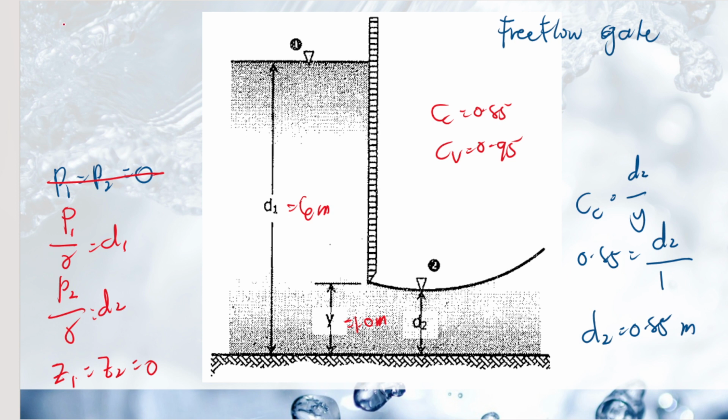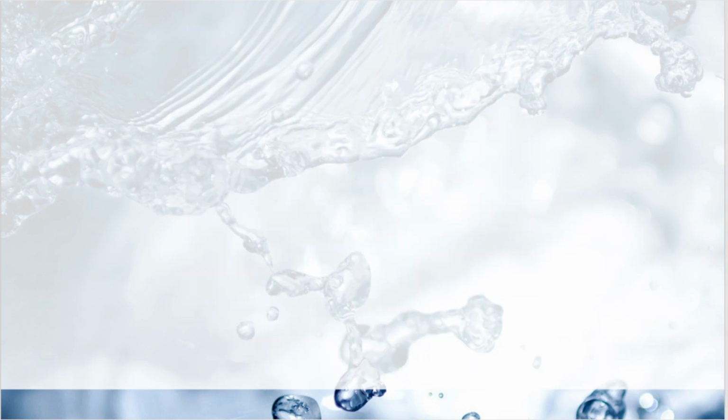So, from the continuity equation, we could say that Q sub 1 is equal to Q sub 2. Only the openings changed, because the amount of discharge here is equal to the discharge on the other side.